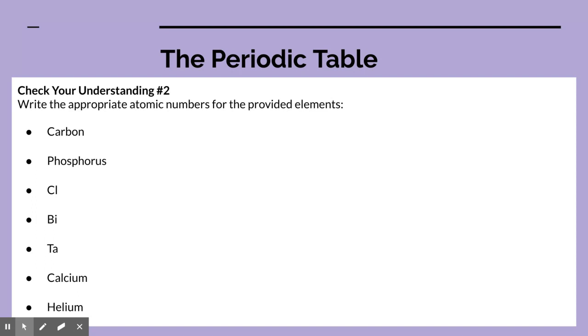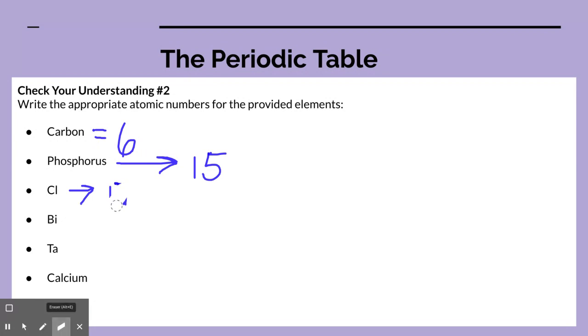Okay, so carbon. We've already been going over carbon a couple of times. Carbon's atomic number is 6. Phosphorus has an atomic number of 15. Chlorine has an atomic number of 17. Bismuth, let's find bismuth.